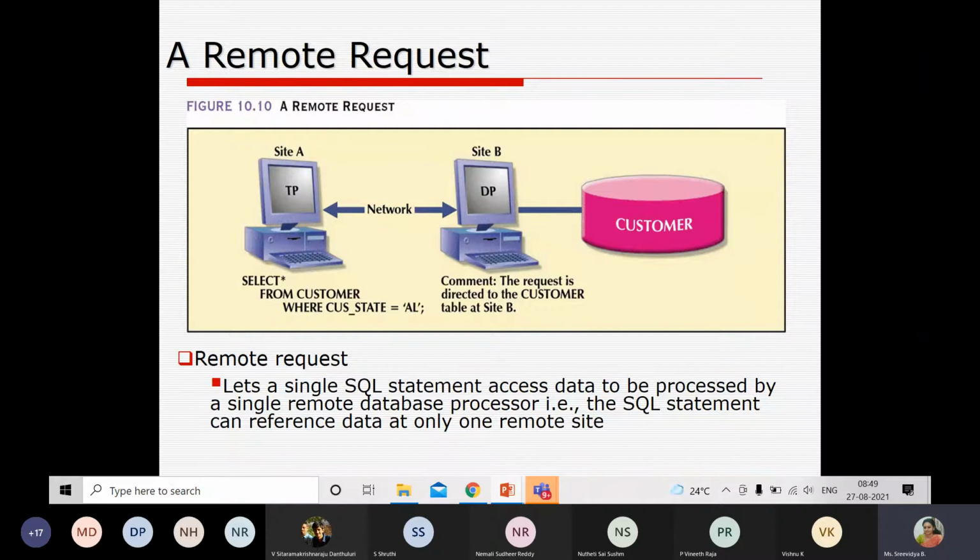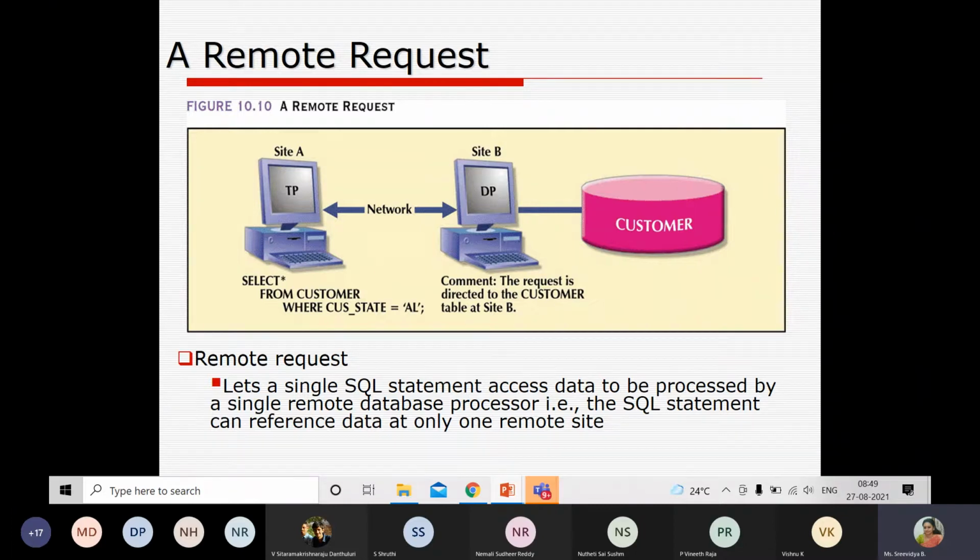So in a remote request, I have two different machines physically. In one machine, my transaction processing is happening. In the other machine, I have my database attached and there is a data processing unit. Now my transaction processing says: select star from customer where customer state is equal to AL. That is the query I want to execute.